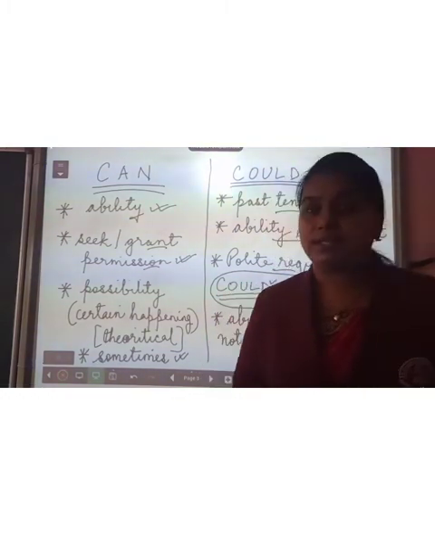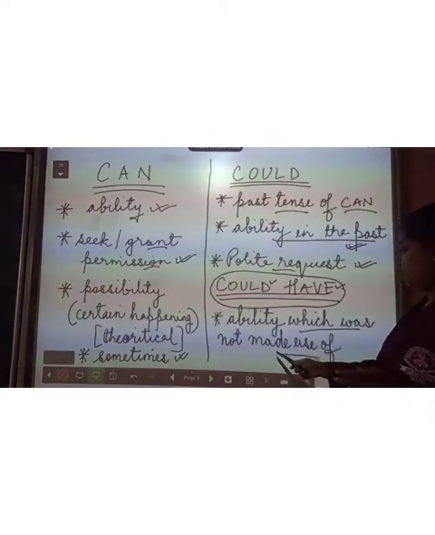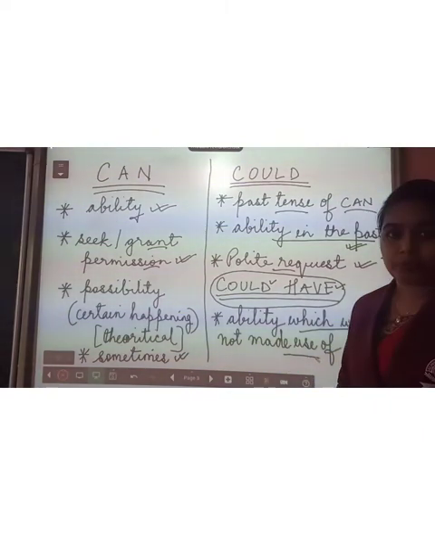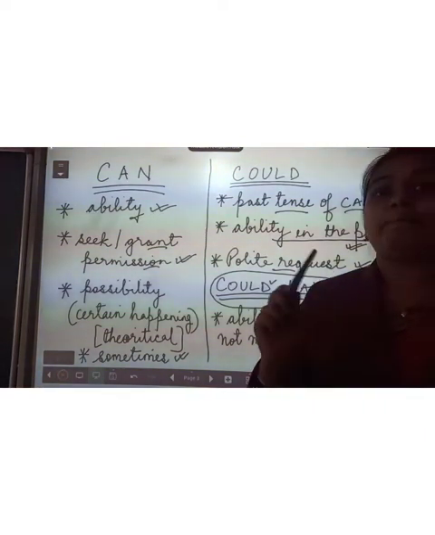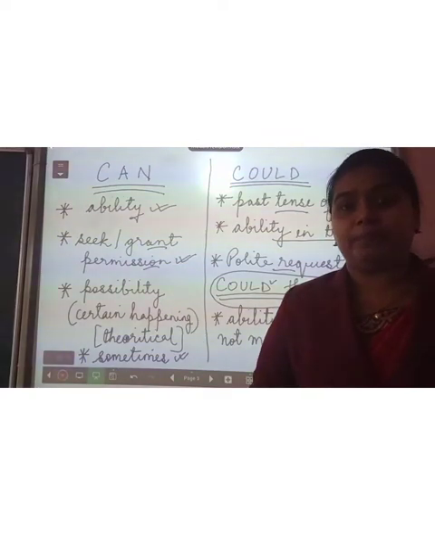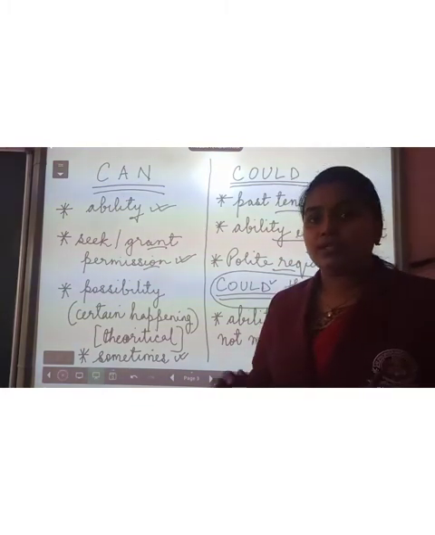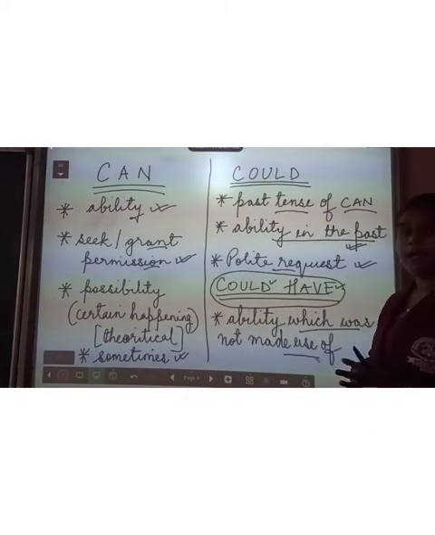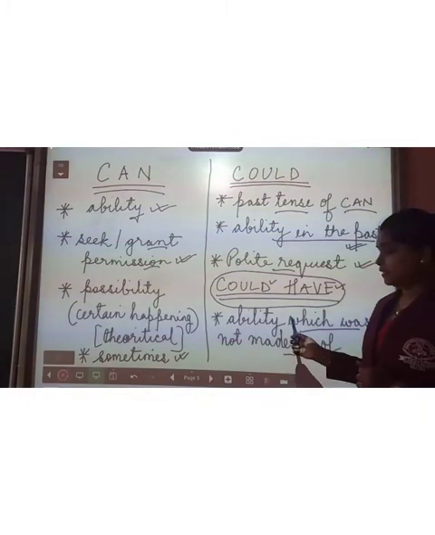So that expresses here the ability which was not used. He could have passed the examination. That means he had the capability of passing the examination, but he did not pass. So this is how we are using could have in sentences.